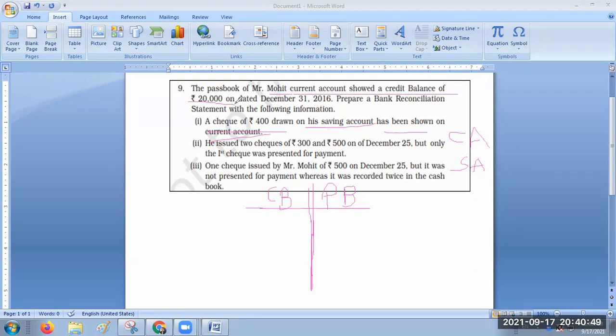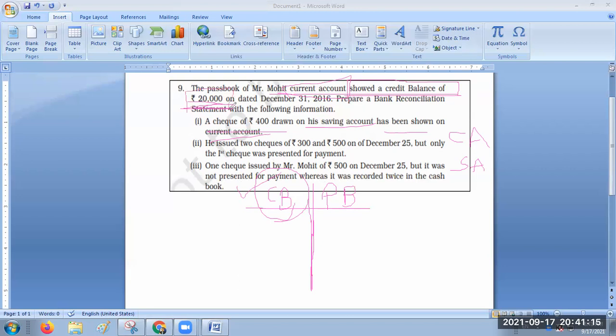Okay, current account cash book balance we want. The current account passbook balance is showing a credit balance of 20,000. We want current account's cash book balance we have to find out. Did you understand? Yes, sir. In the heading you see current account showed a credit balance of 20,000.